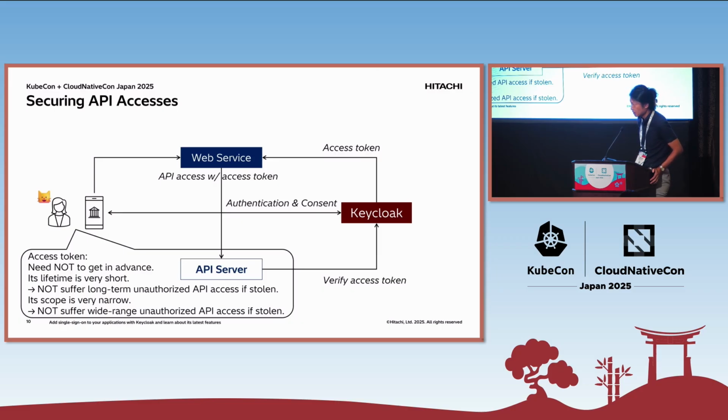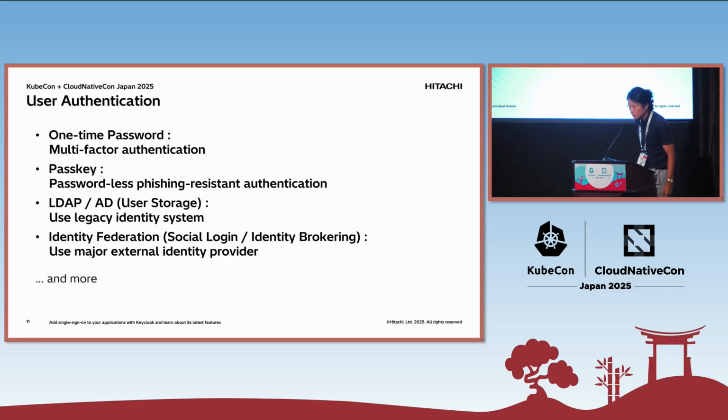So if your access token is stolen, you might not suffer long-term unauthorized API access. Generally speaking, the access token's scope is very narrow, or ideally least privileged. So if your access token is stolen, you might not suffer wide-range unauthorized API access.